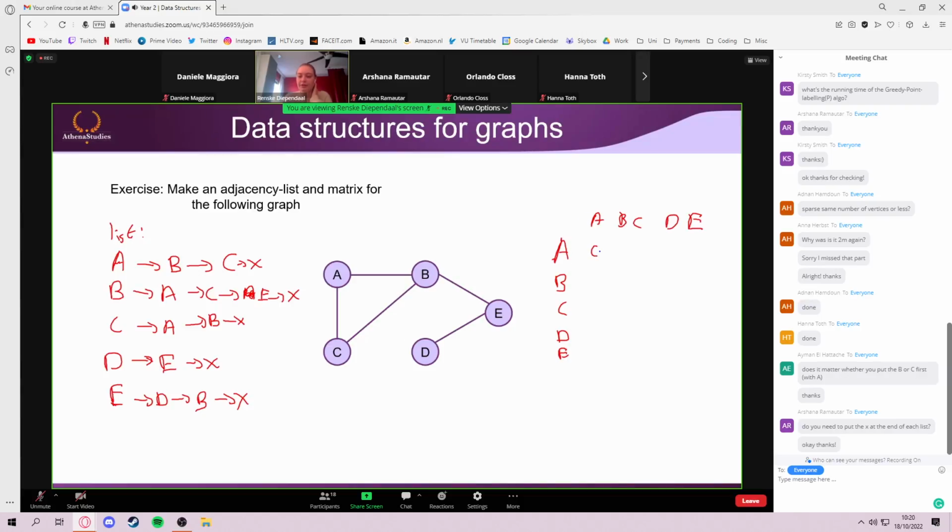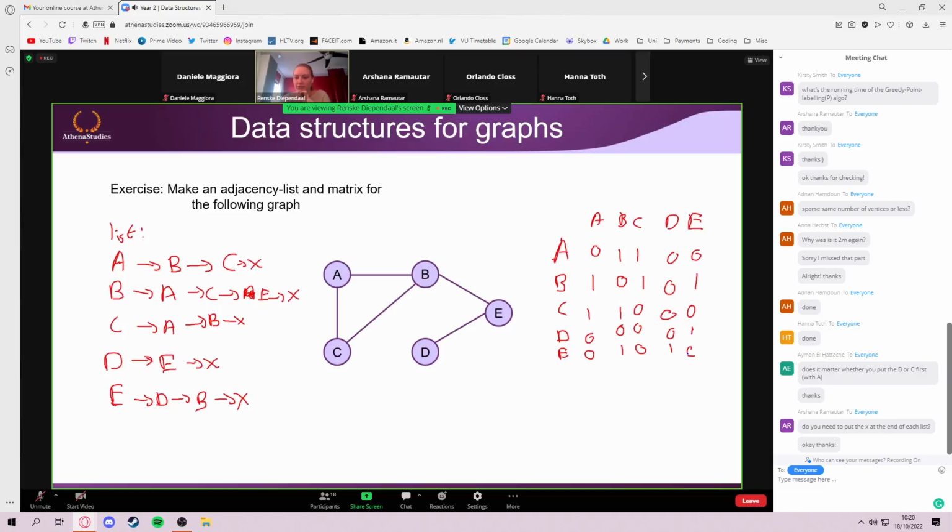So A is not a neighbor to A, it is to B and C, and it's not to D and E. So B is not directly connected to B, it is to C and E, and it's not connected to D. Then C is not connected to itself, nor to D and E. And then D is connected to E, but not to itself.